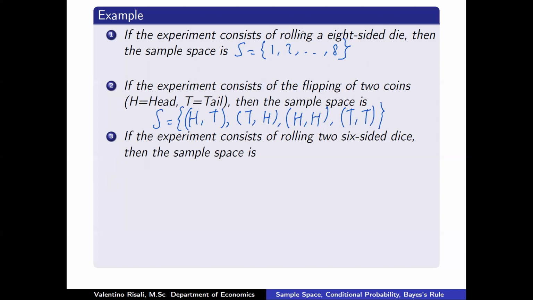Yeah, and if we refer to the previous example, for one die, the sample space is 1, 2 until 6. And then, of course, for the second die, the sample space is also 1, 2 until 6. What is the sample space of this experiment?